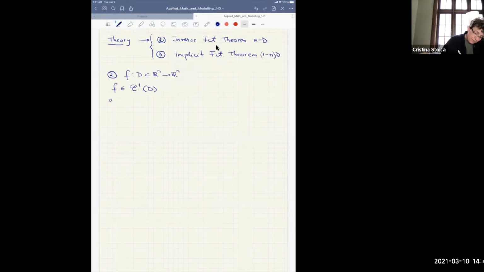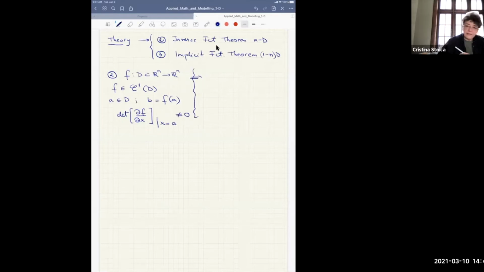And then we take a point a in D, and we call b the value of that function at that point. And then we assume that the determinant of the Jacobian of the function at a, which I'm going to write as df/dx at x equals a, is non-zero.